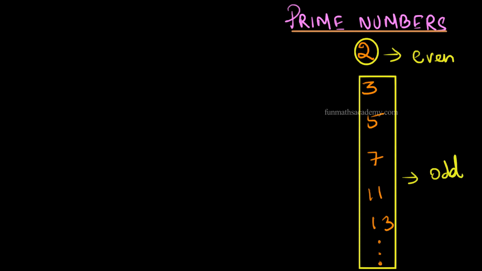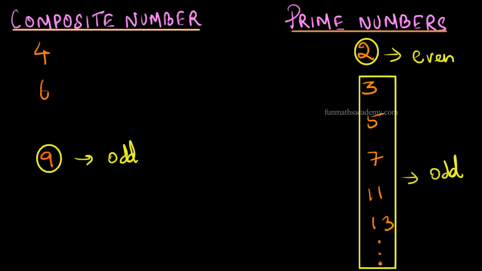But that doesn't mean that every odd number is prime. No, the number 9 is odd, but we cannot call it prime because the factors of 9 are 1, 3 and 9. Also, every composite number can be written as a product of prime numbers. For example, 4 can be written as 2 times 2 and 6 can be written as 2 times 3.